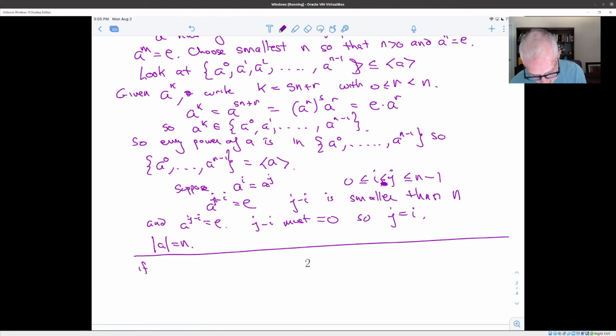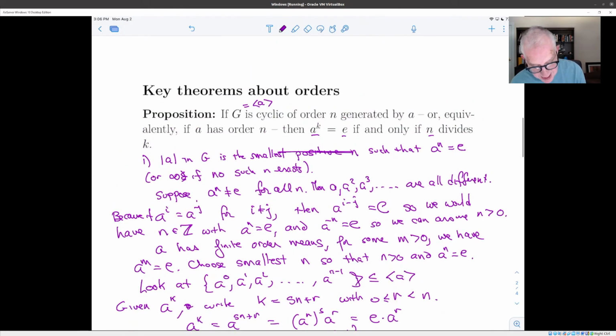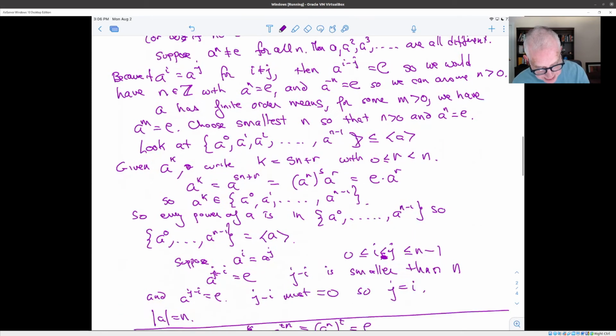If n divides K, then A to the K is A to the T times N for some T, which is A to the N to the T, which is the identity element. So if n divides K, then A to the K is equal to E.